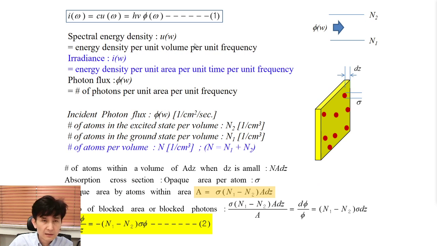Last time we described irradiance. It is c times u, where u is the number of photons per volume.